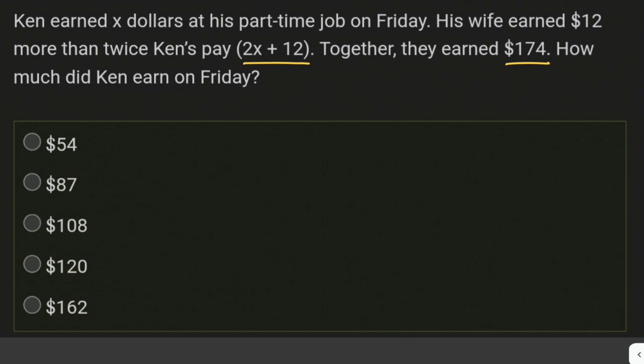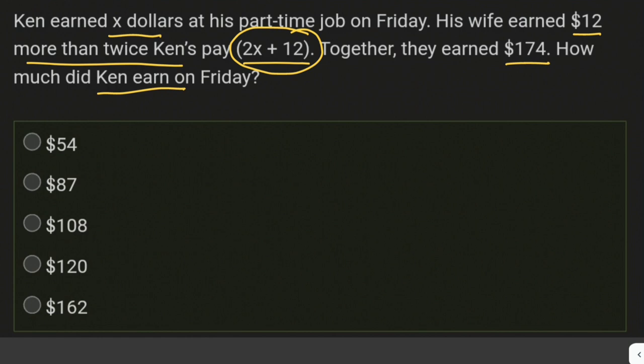Now to solve this problem, we are asked for the amount of money in dollars that Ken earned on Friday. So we're given the amount that Ken earned in X dollars, and then his wife earned $12 more than twice Ken's pay, which is represented in this expression, 2x plus 12.